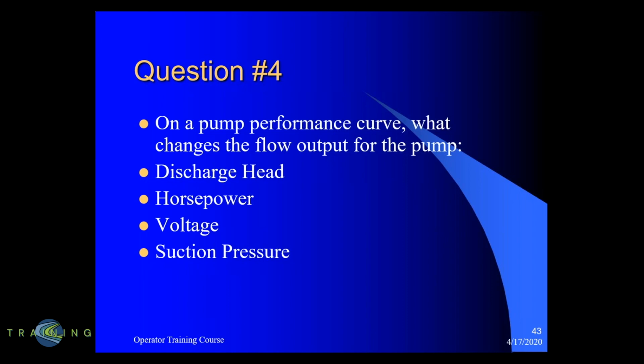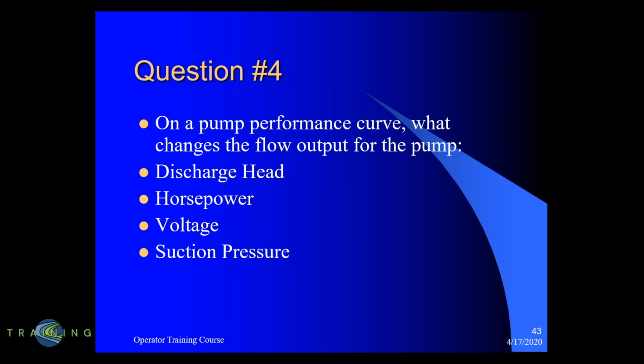Let's think about pumping out of a sewage wet well. When the wet well is completely full, you have more suction pressure, meaning that you don't have to create as much differential pressure with your pump. When that wet well is pumped down and you have less suction pressure, you have less pressure on the inlet side, which means that you have to pump more discharge pressure with your pump.